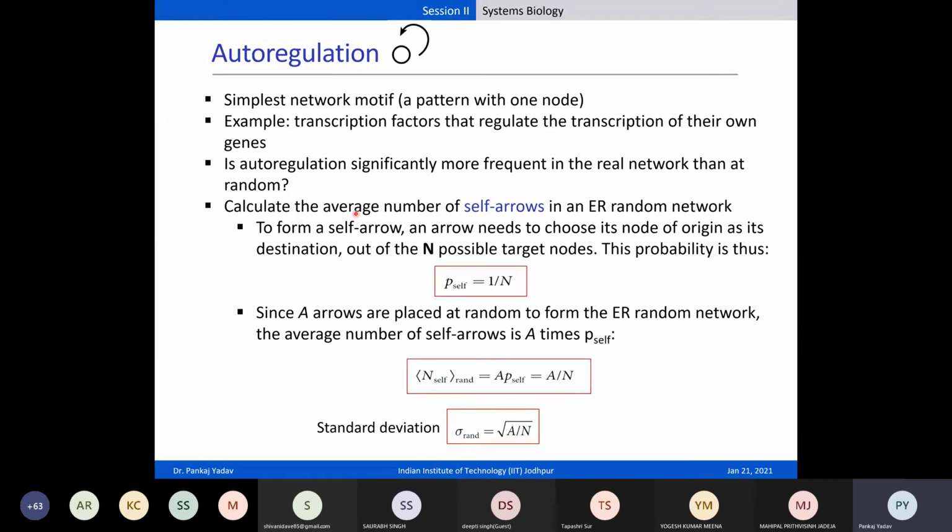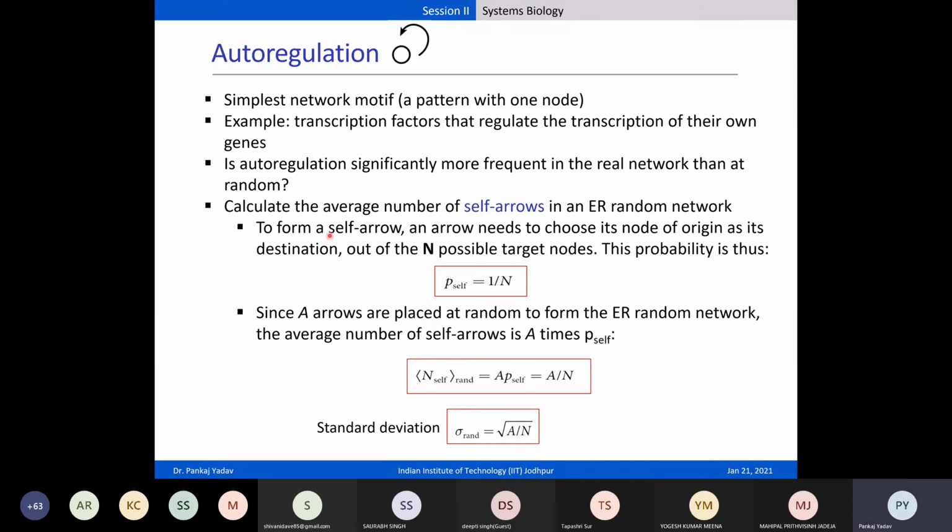So this is our question. To calculate the average number of self arrows in an ER random network, think about how we can calculate this in the corresponding ER random network.